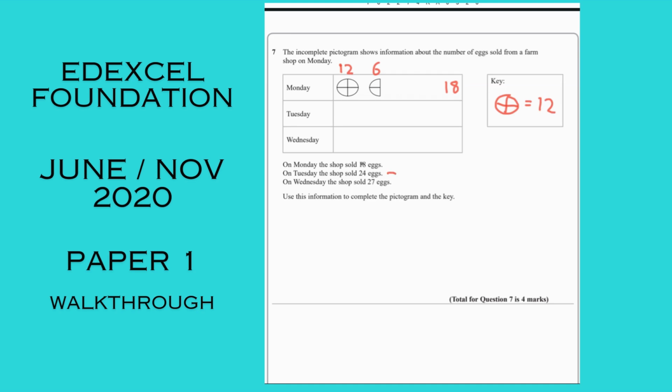So on Tuesday, 24 eggs. We need 2 of them. For 27 eggs, we need 2 full ones. But if half is 6, half of that is 3. So a little quarter circle, any quadrant, will suffice.